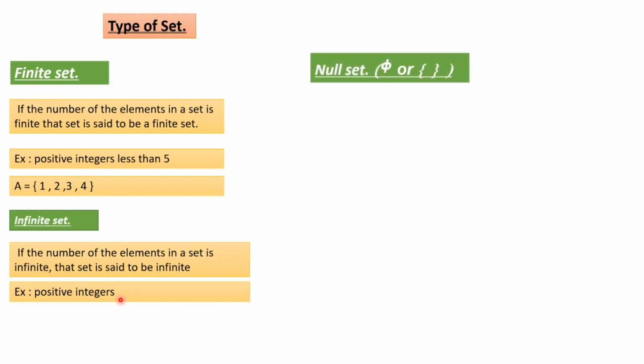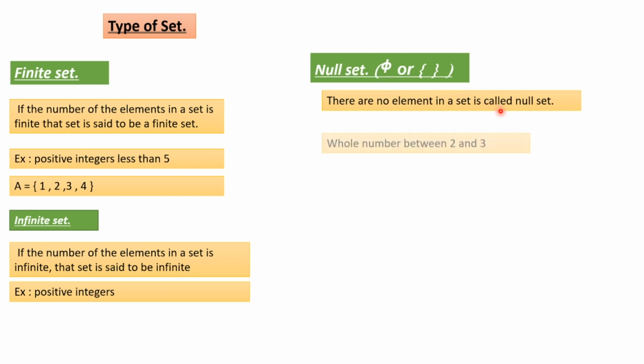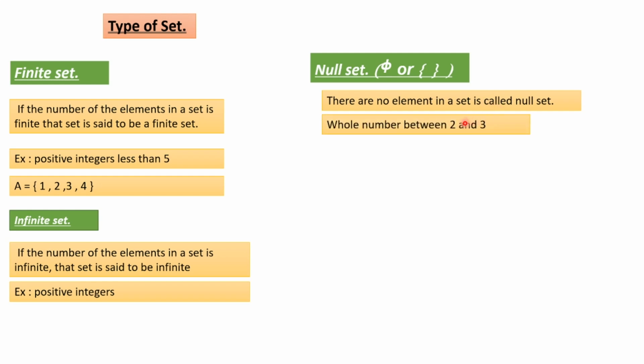Next one is null set. So how do you identify a null set? There are two symbols we are using, the zero symbol ∅, otherwise we can use empty brackets. A set with no elements is called a null set. As an example, whole numbers between 2 and 3.